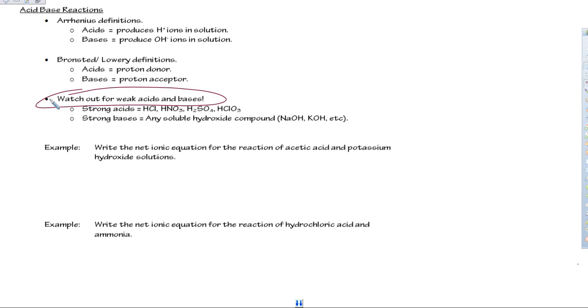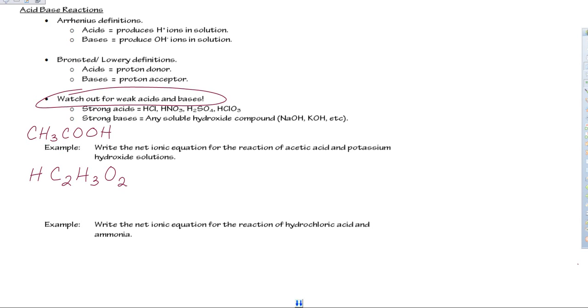So the first time I want to attack this reaction, I'm just going to write the formulas. So I see acetic acid and potassium hydroxide. So I want to go acetic acid, or I could write it as hydrogen acetate, HC2H3O2. Your other option with acetic acid would be to write it this organic way, CH3COOH. It's totally acceptable.